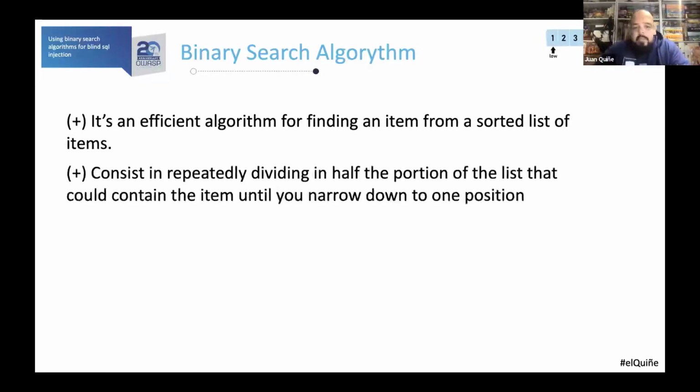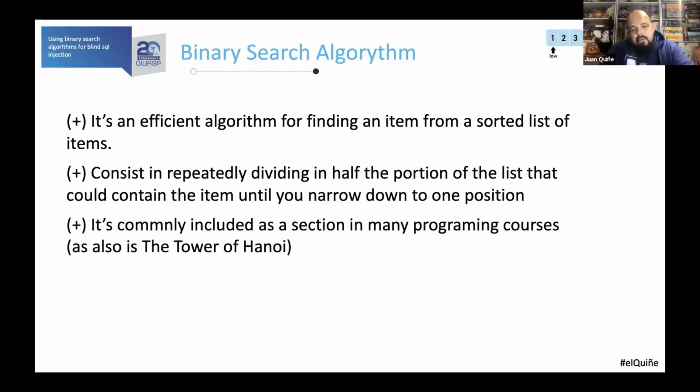The binary search algorithm is an efficient algorithm for finding an item in a list of items, consisting of repeatedly dividing in half the portion of the list that could contain the item until you narrow down to one position. It's commonly included as a section in many programming courses.